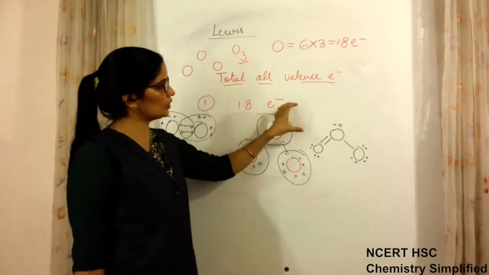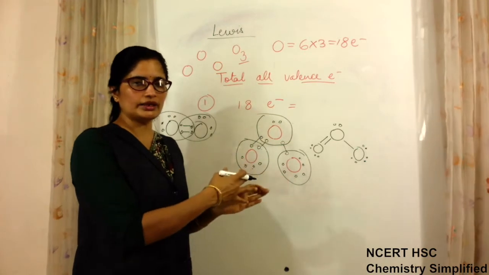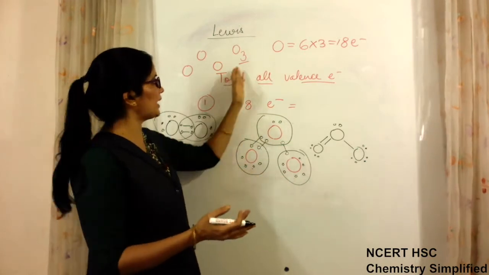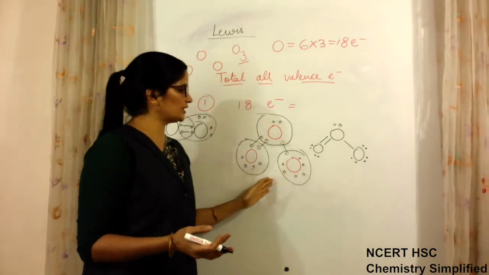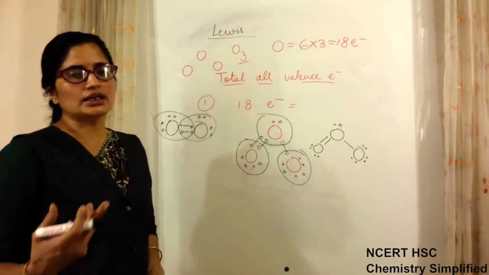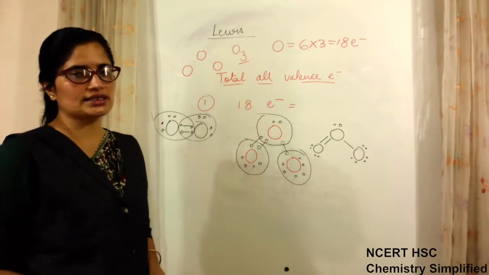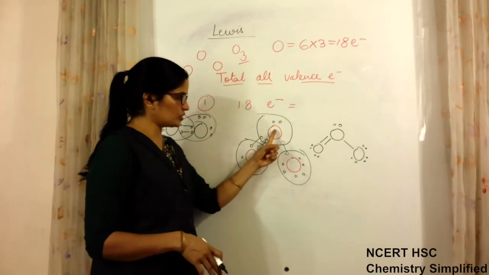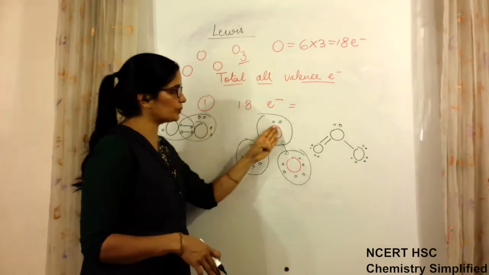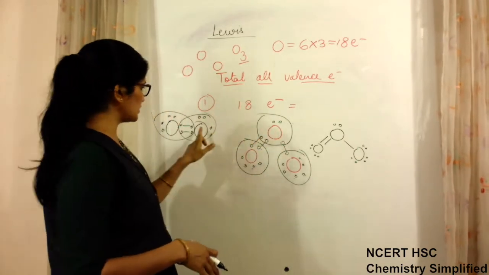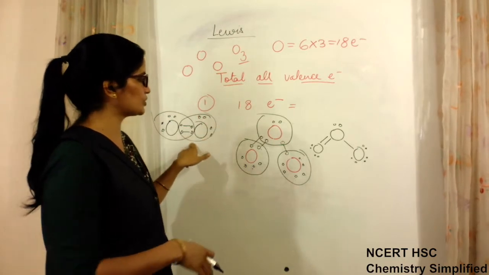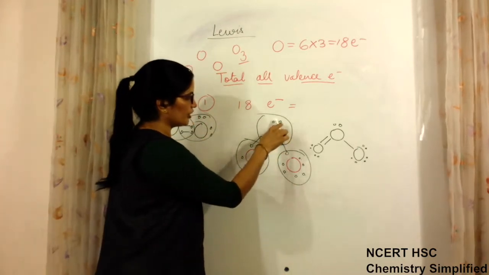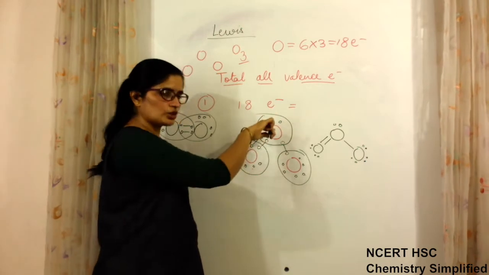They are taking the total of valence electrons of all available atoms and then sharing them in such a manner that the octet of each one is completed. If you see according to this rule, 6 should be here on this oxygen atom because each oxygen atom has 6 valence electrons. But here it is having only 1, 2, 3, 4 and 5 placed on this.